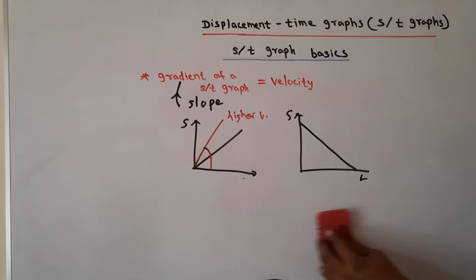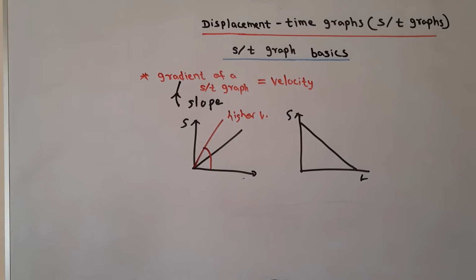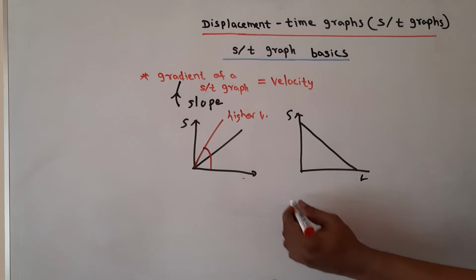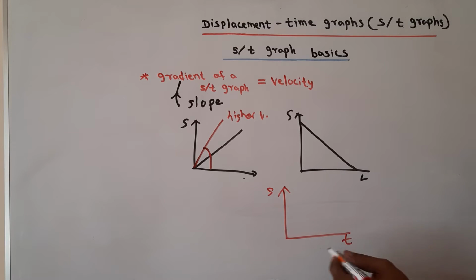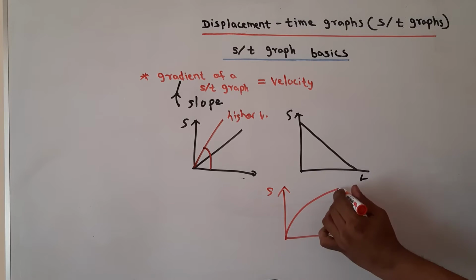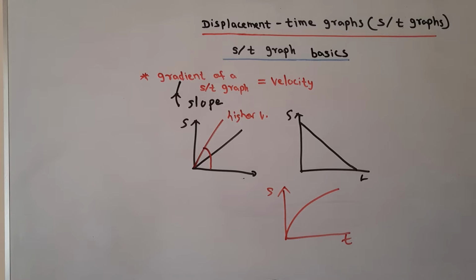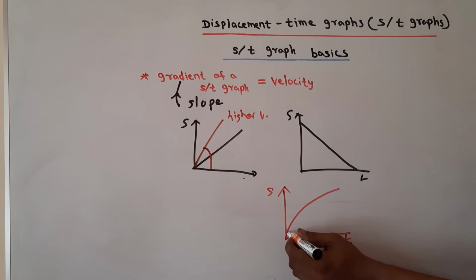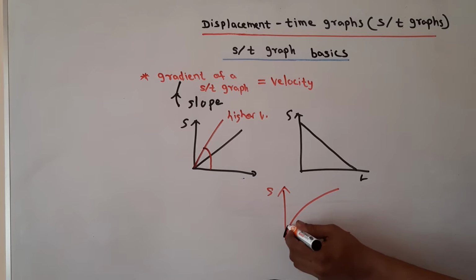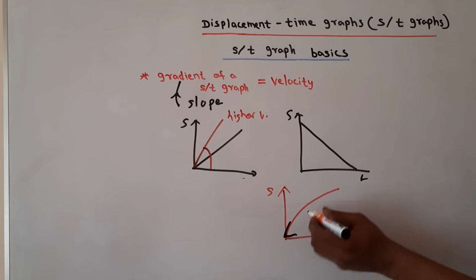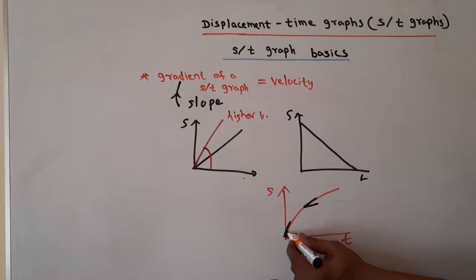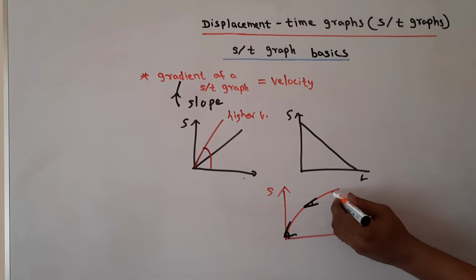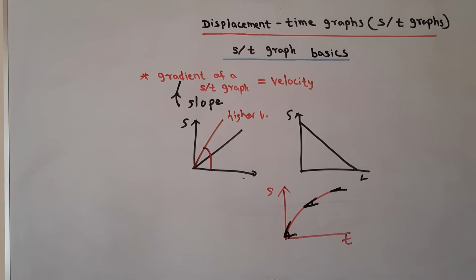Look at another shape. What about this shape? In this graph, initially there is a higher gradient, but gradually, actually gradient is the angle, this angle keeps decreasing.